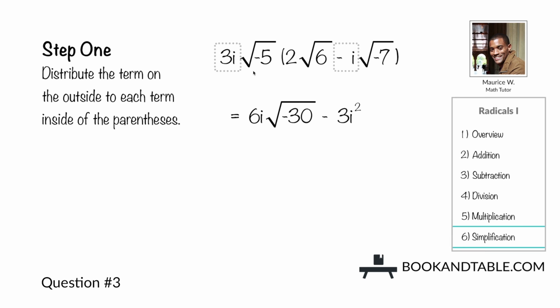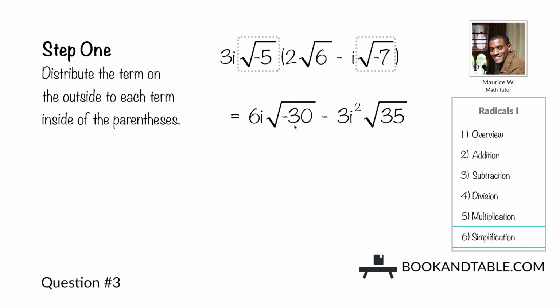And then we repeat that process with this term and the second term. So 3i times negative i gives us negative 3i squared. And then we multiply their radicands. Negative 5 times negative 7 gives us positive 35. So after step 1, we have 6i radical negative 30 minus 3i squared radical 35.